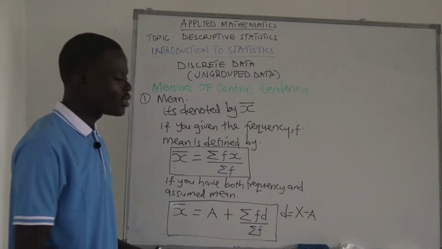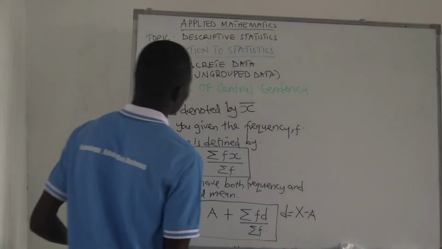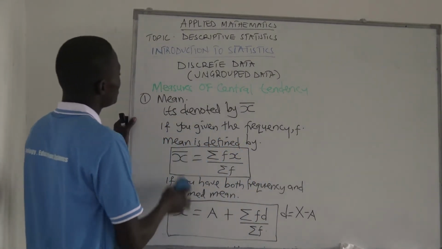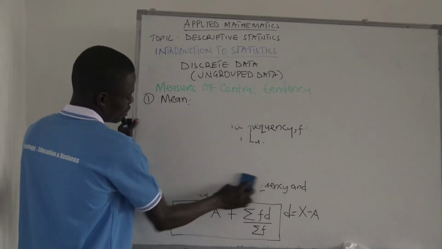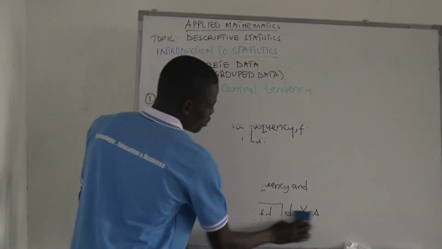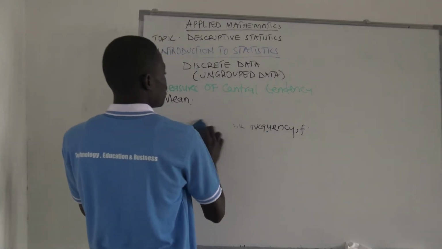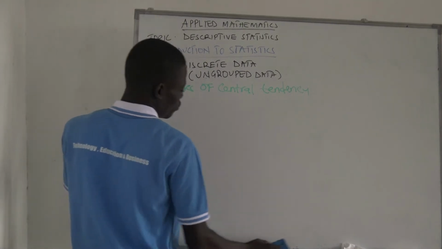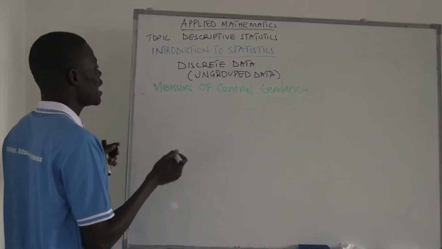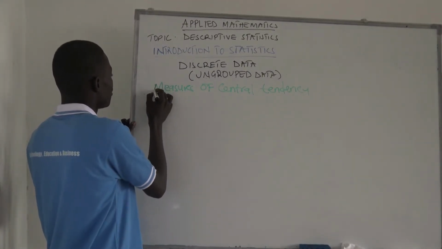Now what is the second value? That one was the first value, which is the mean. So we are still under the measures of central tendency.